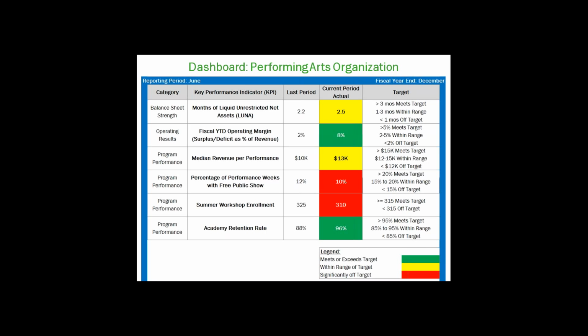So again, as with the health clinic, the performing arts organization doesn't have performances every day. And at times, the performing arts organization is accumulating costs for the performance, whether it's props or lighting or committing to space in advance of the events. So it requires a certain level of liquidity.